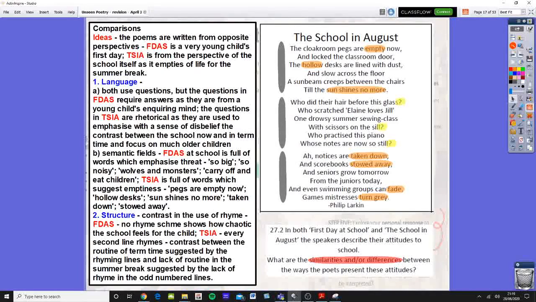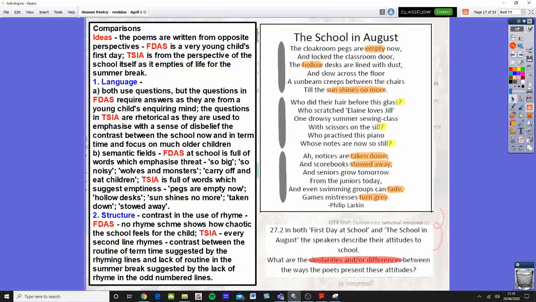Okay. Now the second language point, I always say to students, if you can't see metaphors and similes and the obvious language features that you're trained to spot, look at the word choice. And that's to do with semantic field. So if you look at the poems and look for the kinds of words that crop up again and again and again, First Day at School is full of words that emphasize threat. So from the point of view of the child, there's a lot there that they find very threatening.